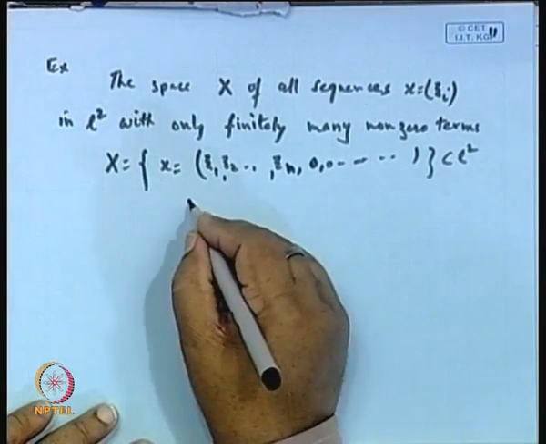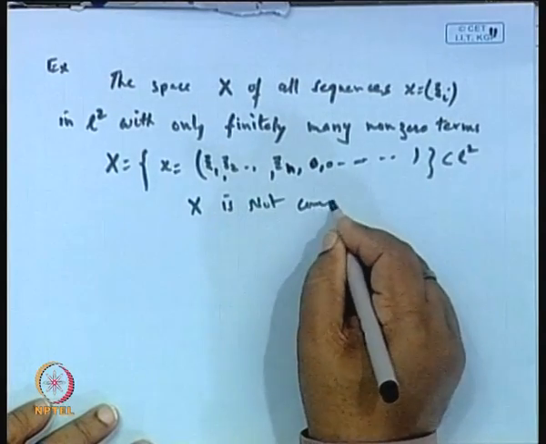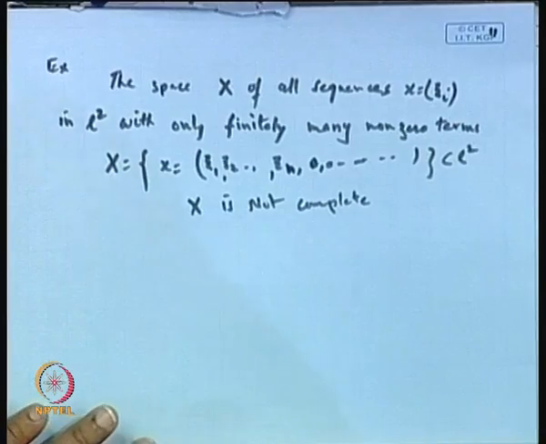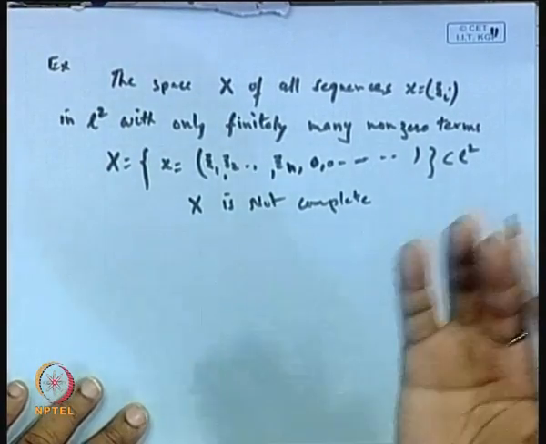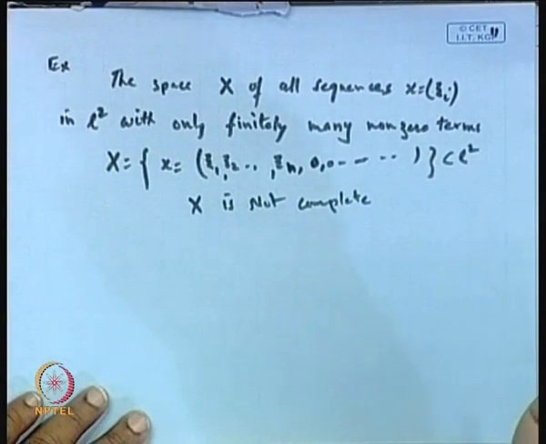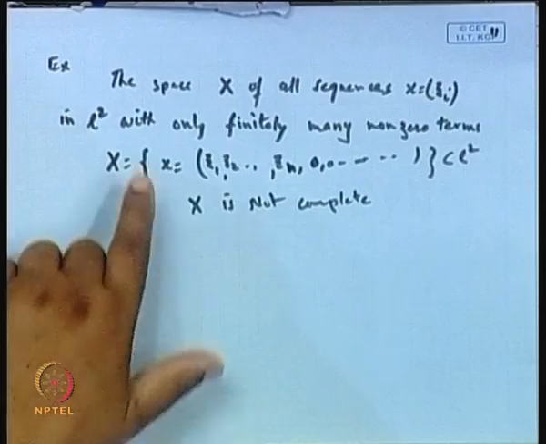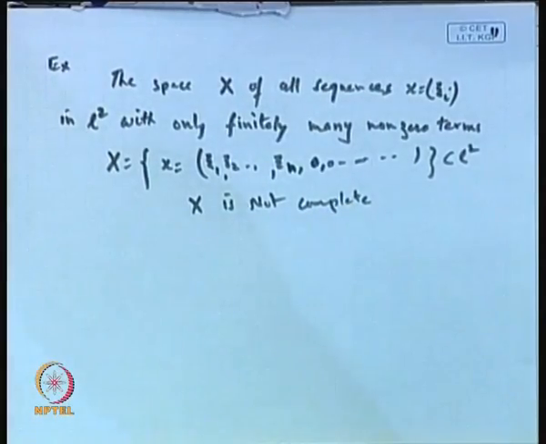Now, this X is not complete, is it not? Because if I take the sequence 1, 1/2, 1/3, up to 1/n, and then 0, 0, 0, it belongs to L2.